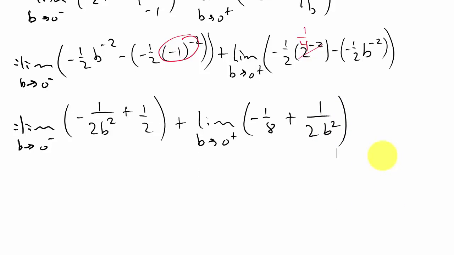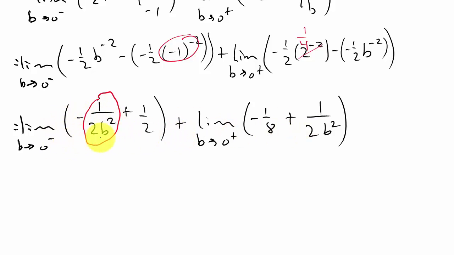Now let's look at this. If we take the limit as b approaches 0 from the left, we're plugging in numbers like negative 0.01, negative 0.0001, so you can see the denominator's getting really small and the numerator is staying at 1. So this term is going to infinity. We have the negative sign in front of it, so it goes to negative infinity. So this is not converging to any number.